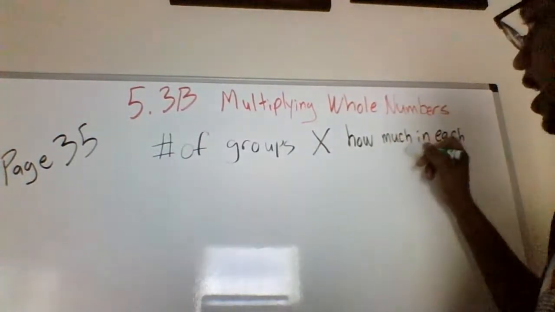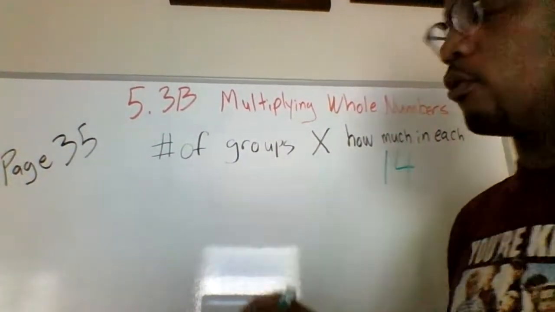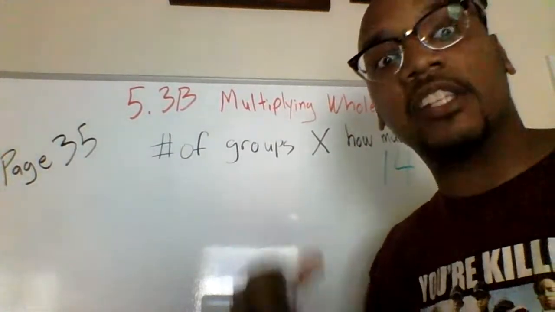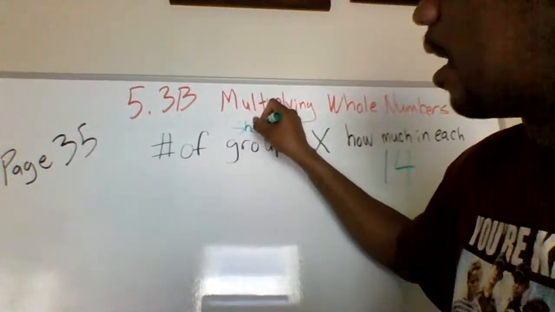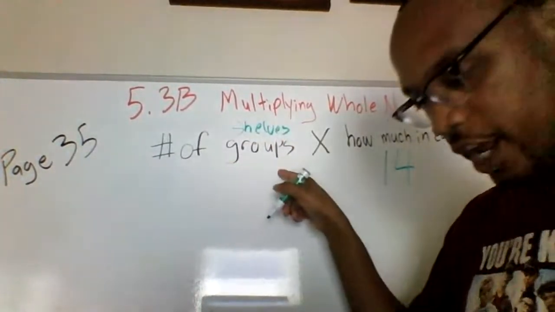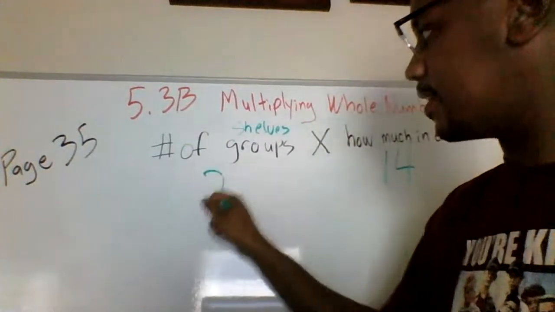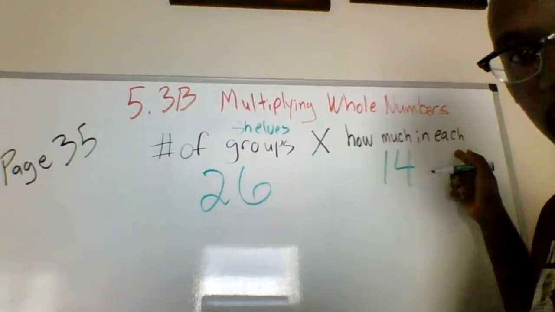So how many in each? 14 boxes. And what's the number of groups? Well, each shelf has a group of boxes. So instead of the word groups, in this problem, we're using the word shelves. So the number of shelves is 26. And how many boxes is on each shelf? 14.